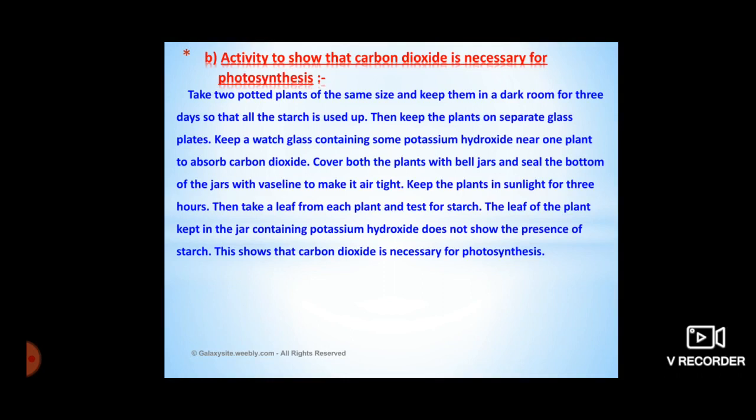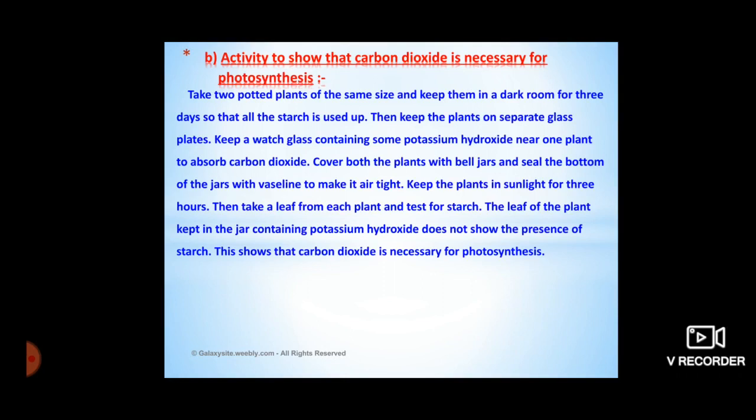So which means we are going to take two potted plants of the same size, and then we are going to keep those two plants in a dark room for 3 days. Why do we have to keep these plants in the dark room?